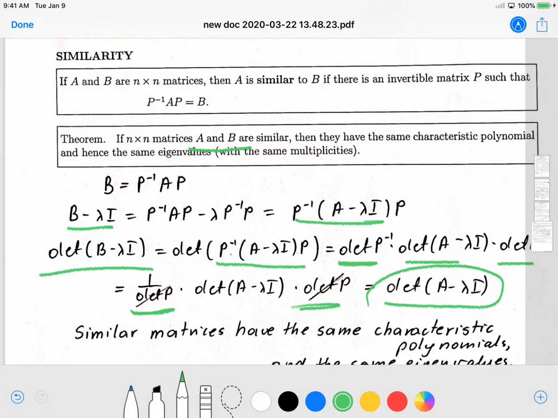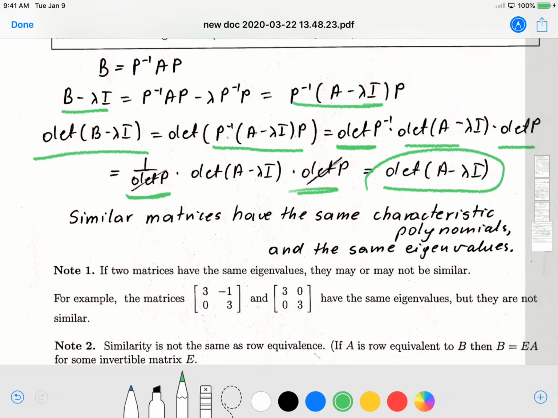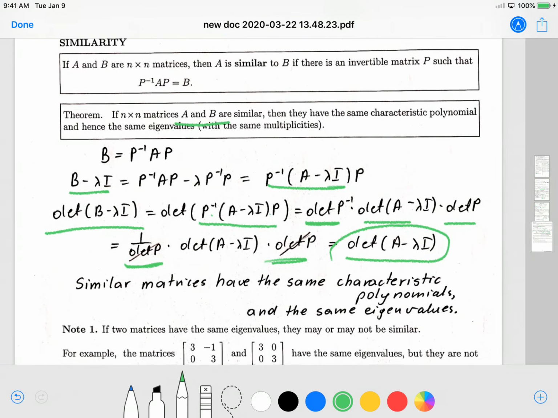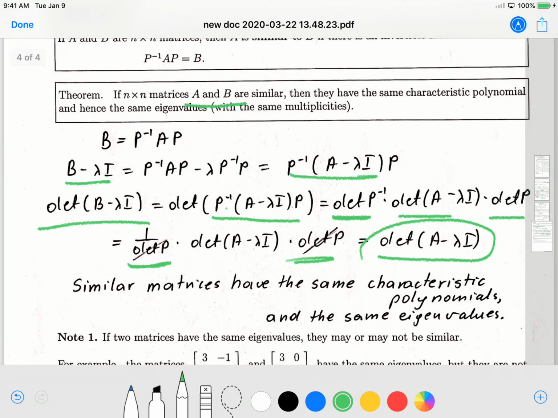What that means is that similar matrices have the same characteristic polynomial, and if they have the same characteristic polynomial, the eigenvalues would be the same. So pay attention to the theorem. The theorem basically says if matrices are similar, then they have the same eigenvalues.